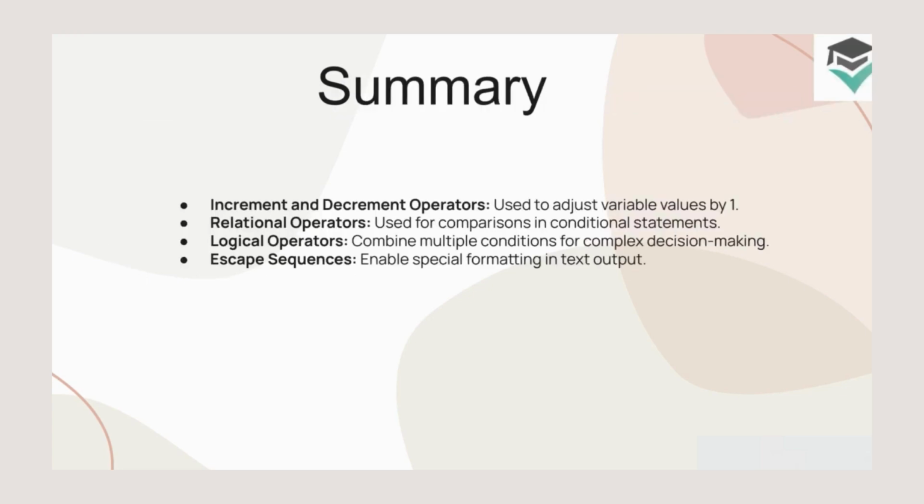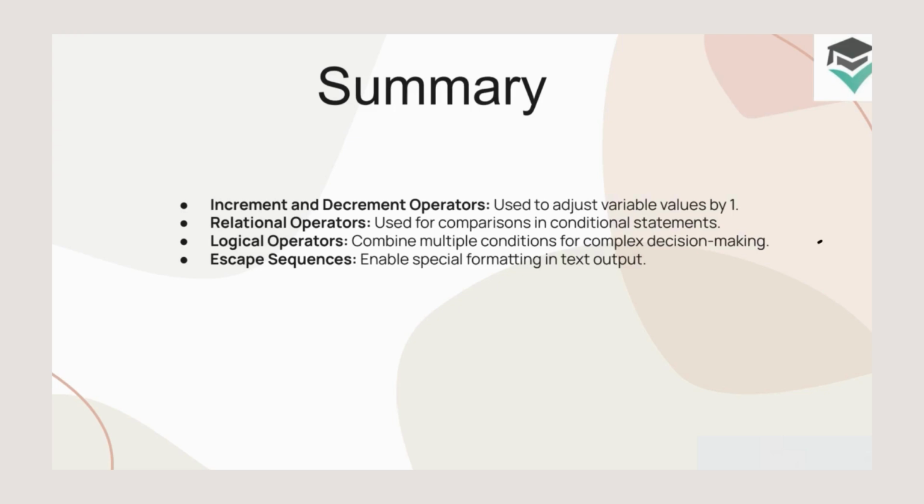So let us summarize what we have understood in this session. Increment and decrement operators are usually used to adjust the value of variables, either by incrementing the value by 1 or decrementing the value by 1. Relational operators are usually used for comparison in conditional statements.